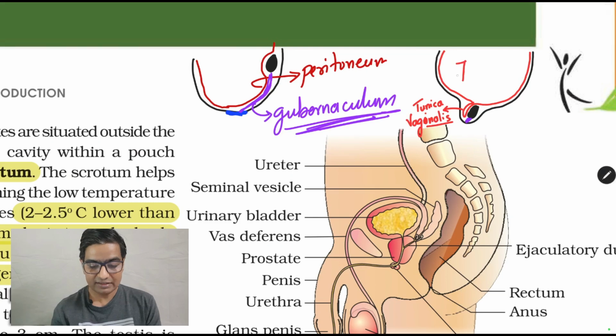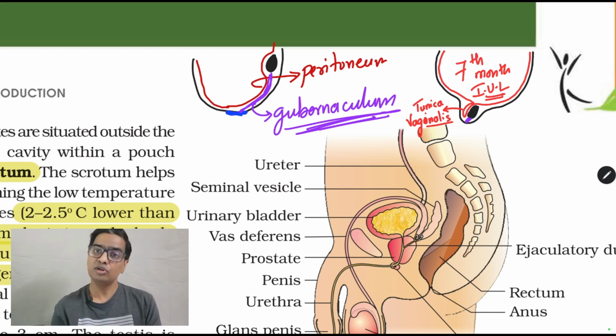Now understand, this entire process happens by the 7th month of intrauterine life. IUL is intrauterine life. But what would happen because of some unforeseen circumstances? The testes did not come down. The testes were formed, this is still a male child, but the testes did not come down into the scrotum.